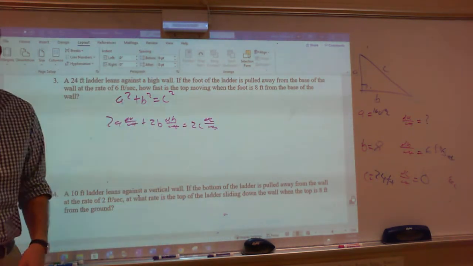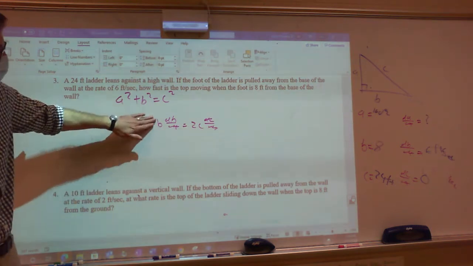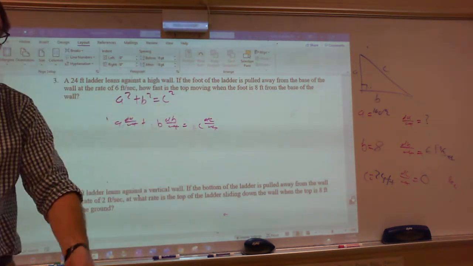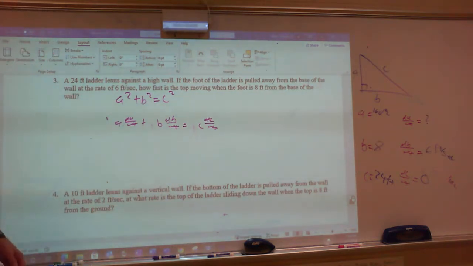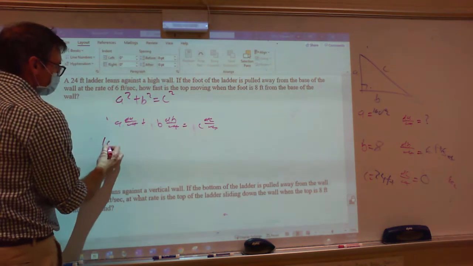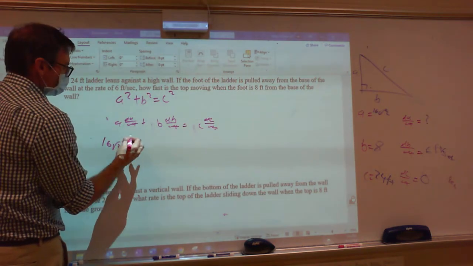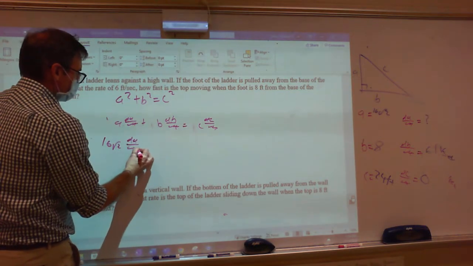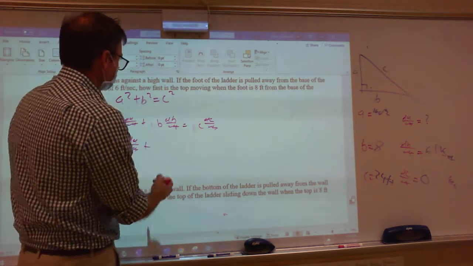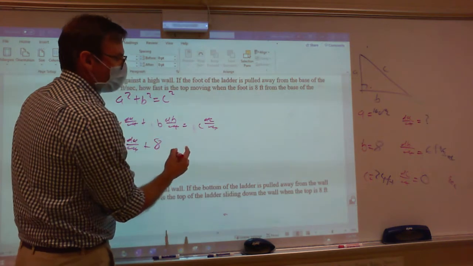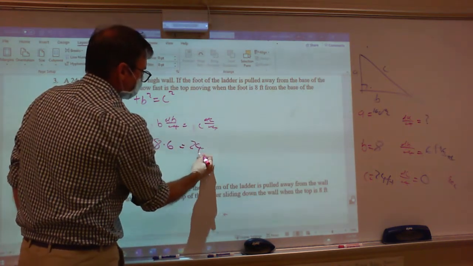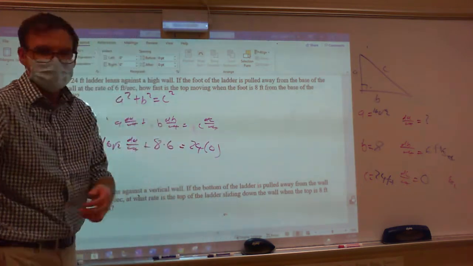And again, I get to use the teacher privilege and just erase those 2's. So anytime you can divide everything by a number, you want to, particularly when you're doing computation. And so now we plug stuff in. A is 16 square root of 2. I don't know dA/dt. B is 8. And that's going to give me times 6. And then C is 24, but dC/dt is 0, so that doesn't matter.